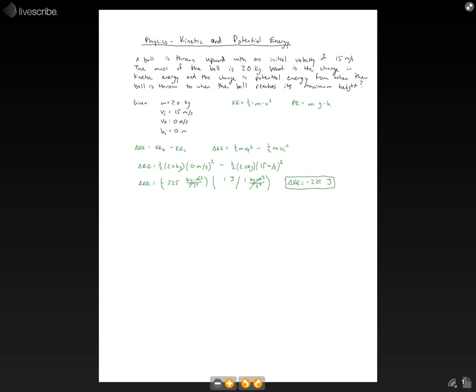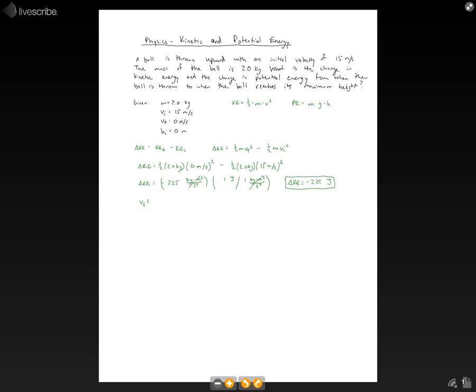Now, to find the change in potential energy, we have to know the height of the ball at its maximum height, which we currently don't know. So I'll actually use a kinematic equation, one of those constant acceleration equations, to find that.